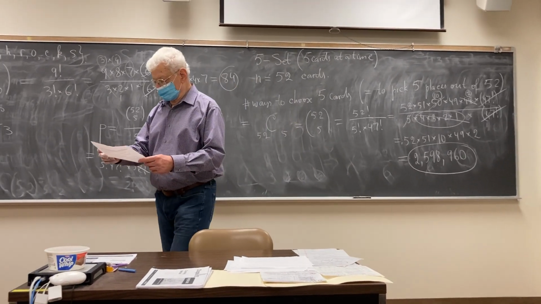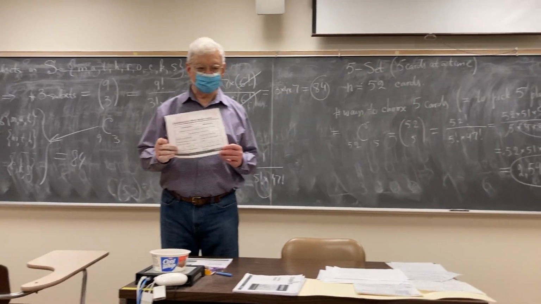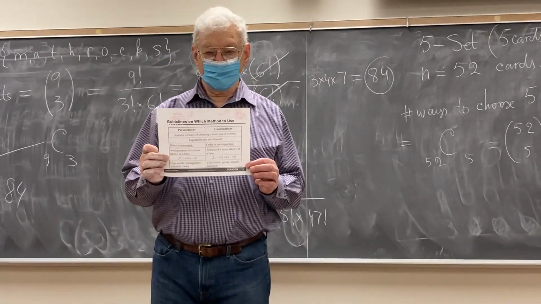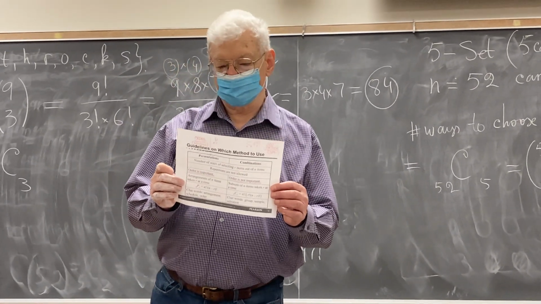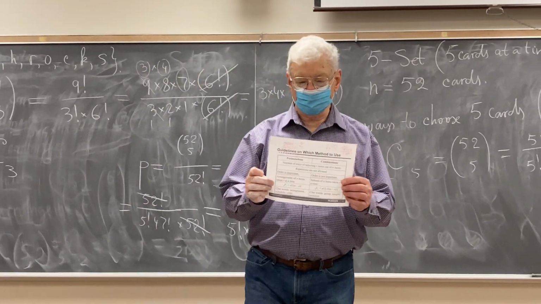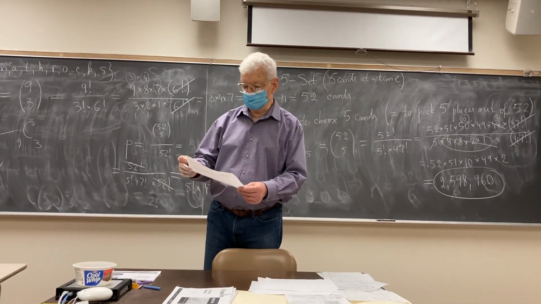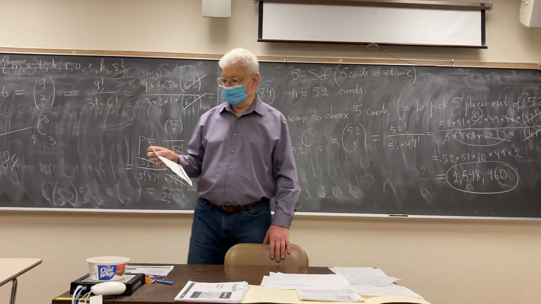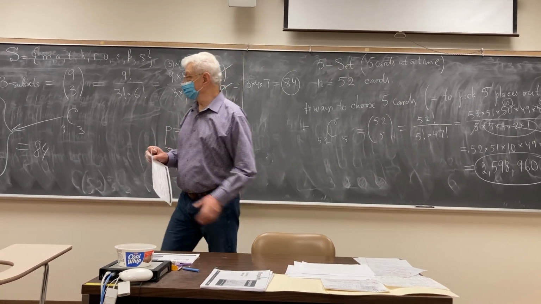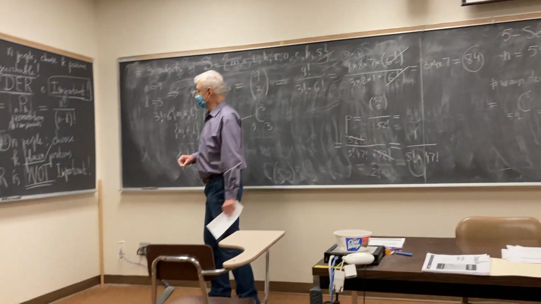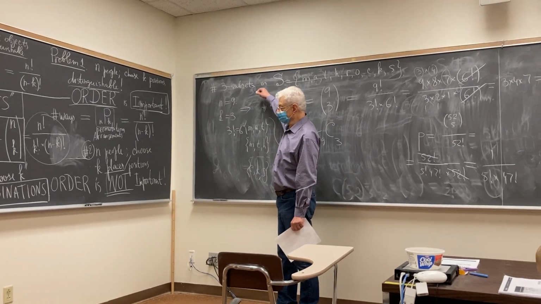Okay, the last page, number 15, is the most important. I put it in D2L, and it's also in the book. I highly recommend you print it out or rewrite it in your notebook. It says in which case you can use permutations and in which case you use combinations. Remember, combinations are the same as sets.